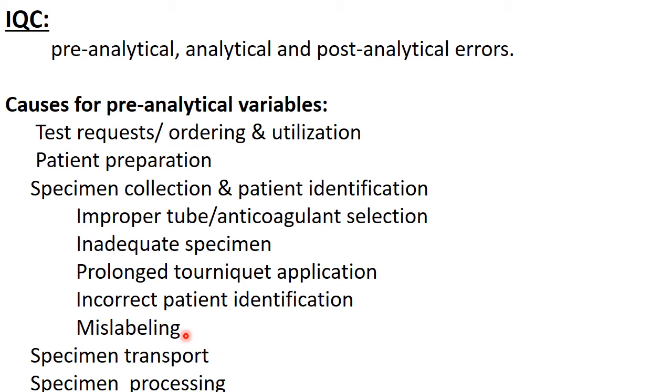Next, mislabeling. Automated processing equipment or computerized specimen tracking system can eliminate mislabeling errors or lost specimens. When the specimen arrives in the laboratory, various logging and monitoring systems are necessary.